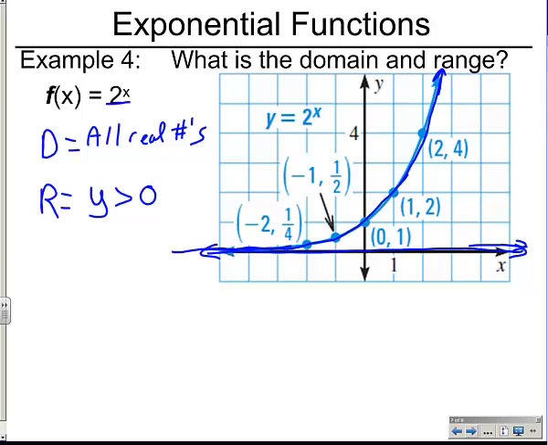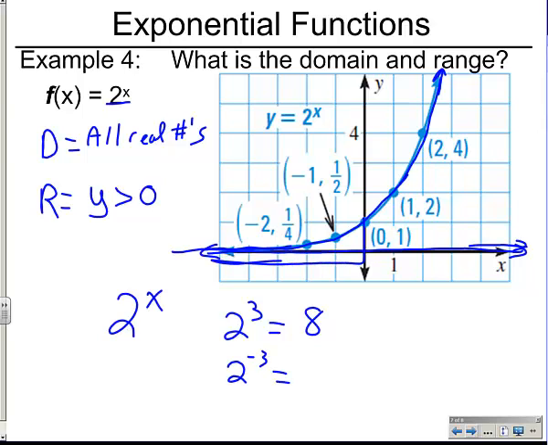And that kind of makes sense because we're talking about 2 to the x power. So if I put in, let's say, a 3 on there, 2 to the third power, well, that's going to make this thing go up to positive 8. But what if I put 2 to the negative 3 power? So all the negatives are on this side of the graph. 2 to the negative 3. Well, that's really 1 over 2 to the positive 3. And that's really just going to be 1/8.